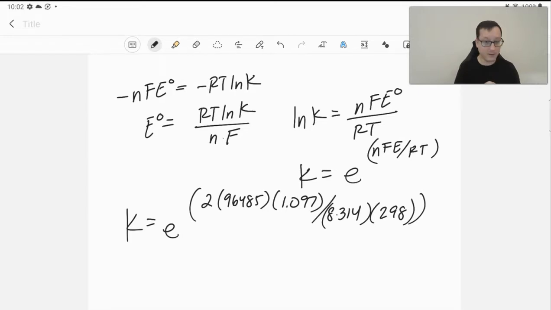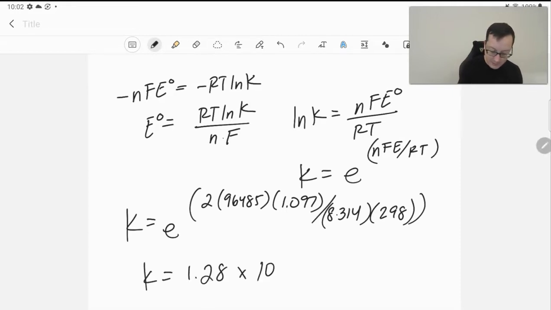I have 85. That's huge. E to this answer becomes K is equal to 1.28 times 10 to the 37th power. Isn't that incredible? Extremely spontaneous reaction. So we may not see it as very important when we look at that cell potential of 1 volt.